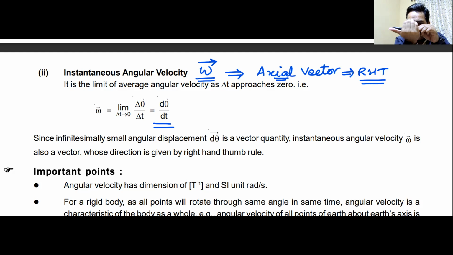Then the direction in which your fingers turn gives you the direction of rotation. If something rotates like this, it is rotating on the positive x-axis. If something is rotating on negative x, it will rotate like this.